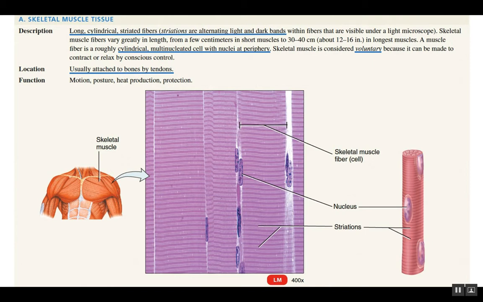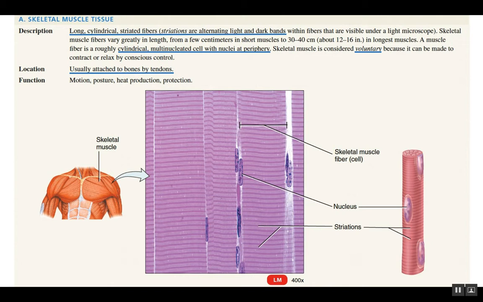Two types of muscle are called striated muscles. Striations are the alternating light and dark bands that you can see inside of the cell. These are striations, or stripes, if you will. And we'll learn more about what forms these stripes when we get to the muscular system.